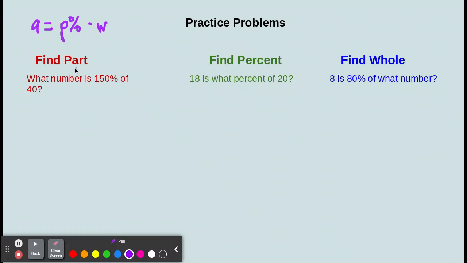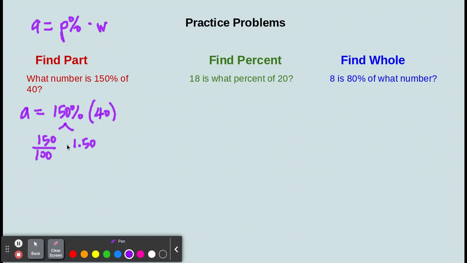Okay, so this one we're going to find the part. What number is 150% of 40? We're going to find the part, so we don't know what A is. They gave us the percent, 150%, and they told us what the whole is, 40. Right? But remember, we have to change that 150% either into a fraction, 150 over 100, or into a decimal, 1.50.